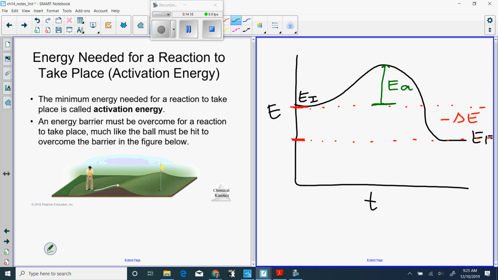Okay? So this here at the top of our mini golf hump is something called the activated complex. It's an actual molecule. Sometimes, you guys, they call it the transition state.